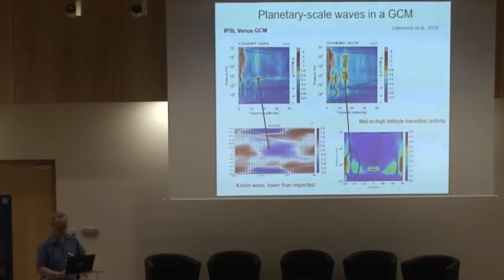You may see here wave activity. To the left here you have the thermal diurnal and semi-diurnal tides. The same here, and you may see that the waves here, near the pole, are mainly baroclinic.